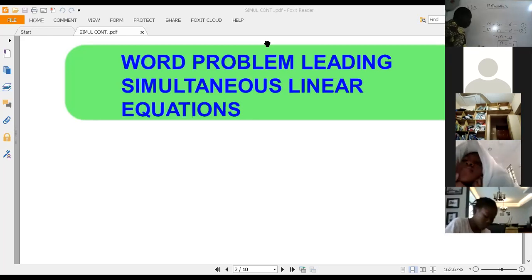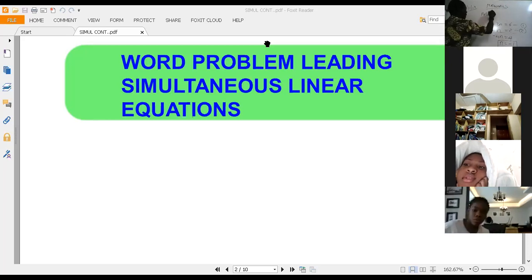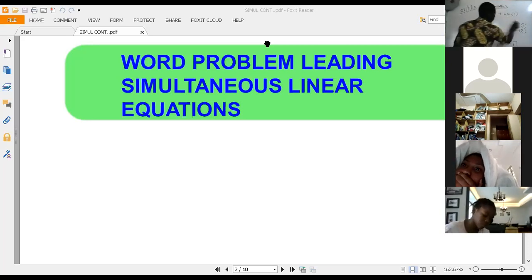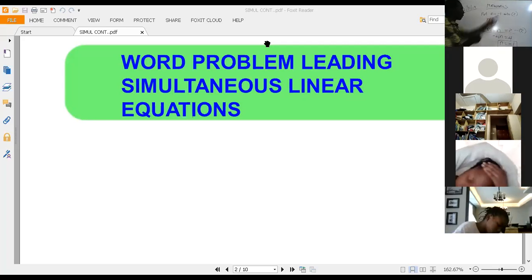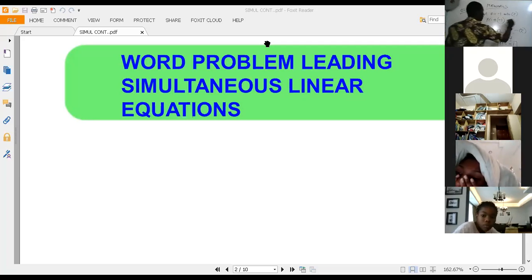Now let us put n equals minus 1 into equation 2. So we have m plus n. Instead of writing n, we'll put the substitute value, which is minus 1, equals 2.